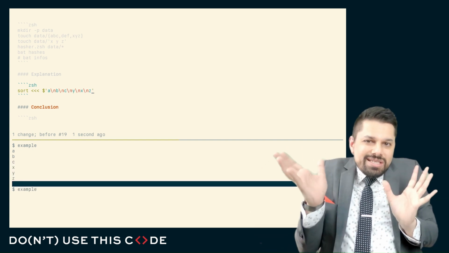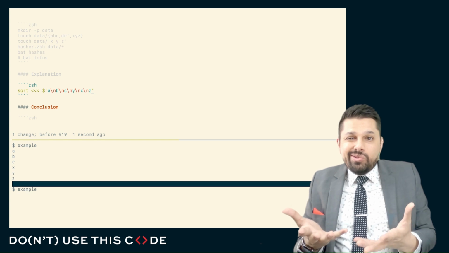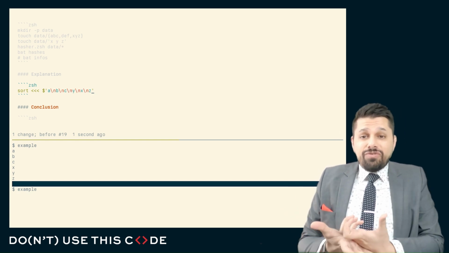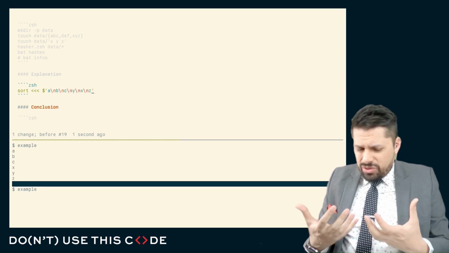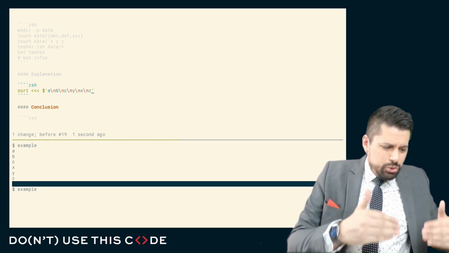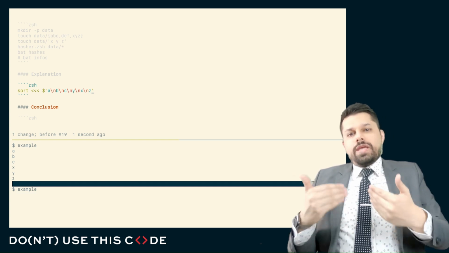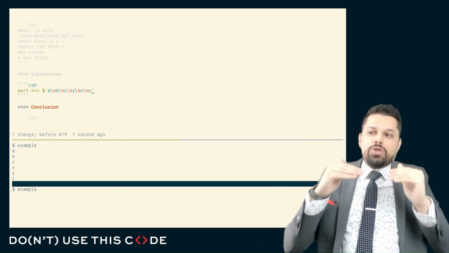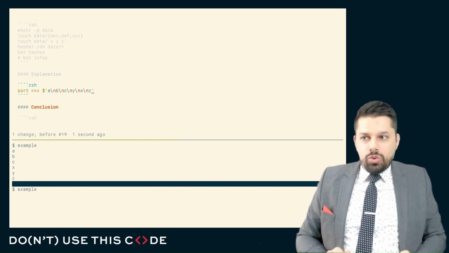Then sort says, okay, I'm going to take one line separated by a newline, and I'm going to sort those. And the problem is, when you're passing in the file names, you don't know for certain that those file names don't happen to include inside of them the thing that sort is making use of in order to distinguish between each of the individual entities that it wants to sort on.